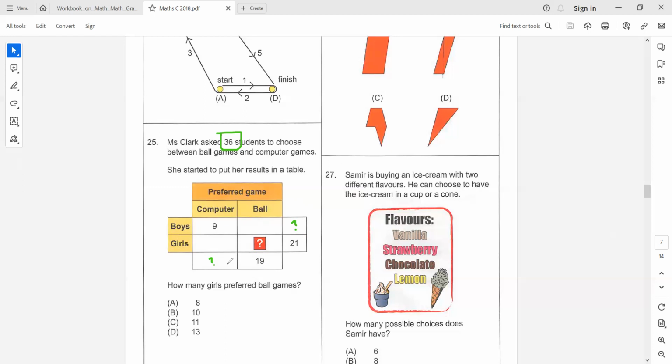If we add this total, it should be 36. Then that 36 we are putting in this box, and after that we are finding the rest.